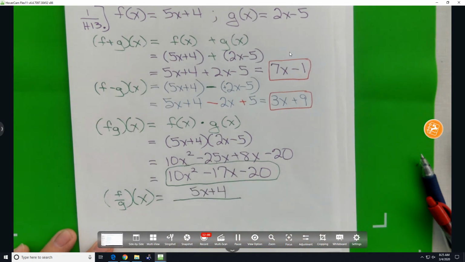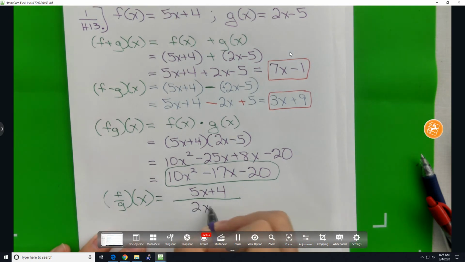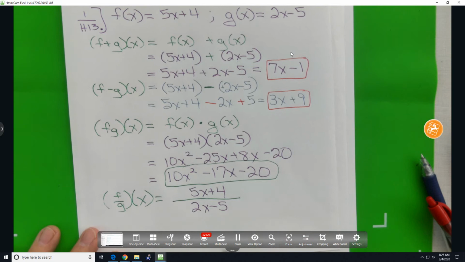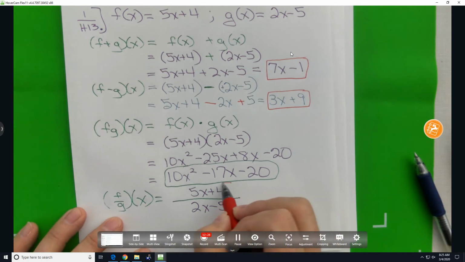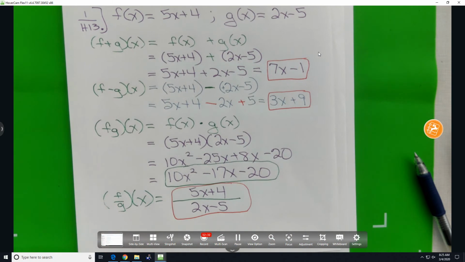What do you think we'll have on bottom? Okay, 2x minus 5. Now, this is a rational expression. If we could factor and cancel, that'd be great. But both of these things are linear. There's no x squared. Can we factor either of those? No. There it is, there's the final answer. Just F over G.